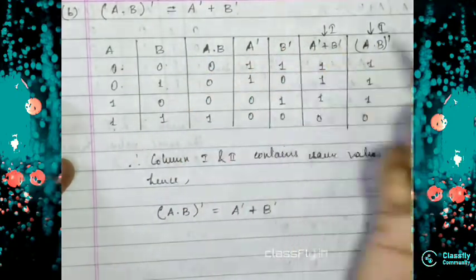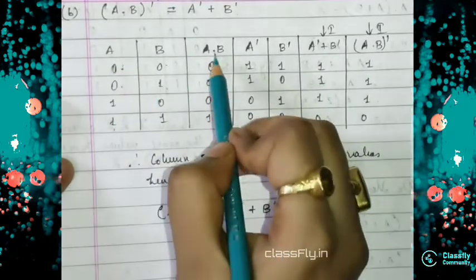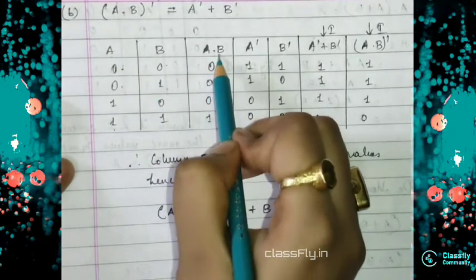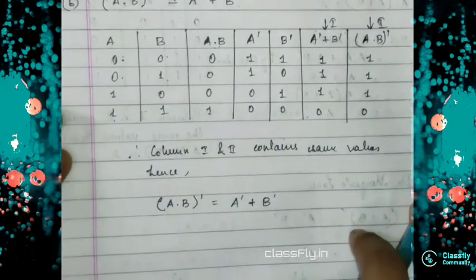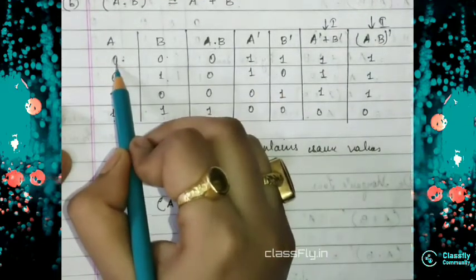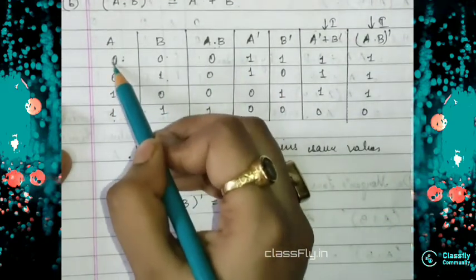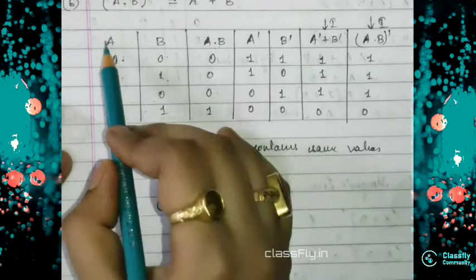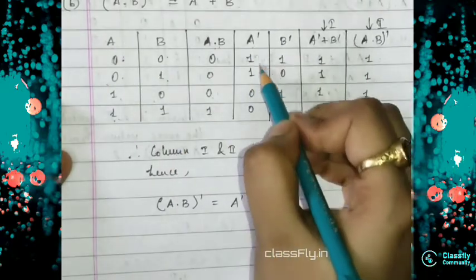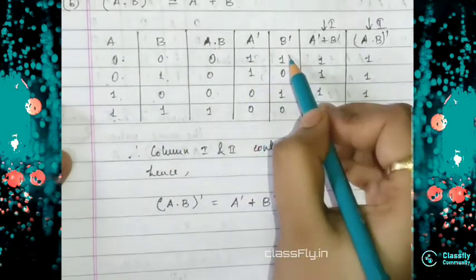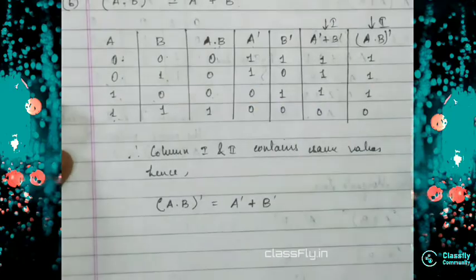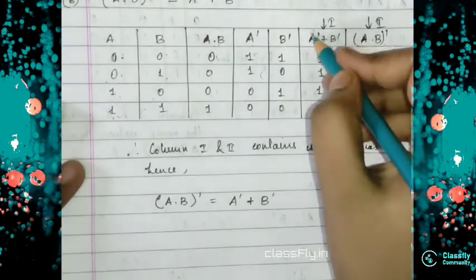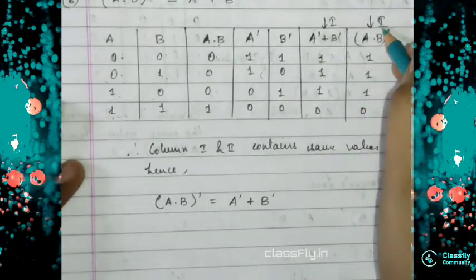For a and b, whenever any of the values is 0, I get 0. So for the first 3 I got 0, and only for the last I got 1. When I complement this, I get 1 1 1 0. For b complement I get the column already written. Now we will see that this column is equal to this column.